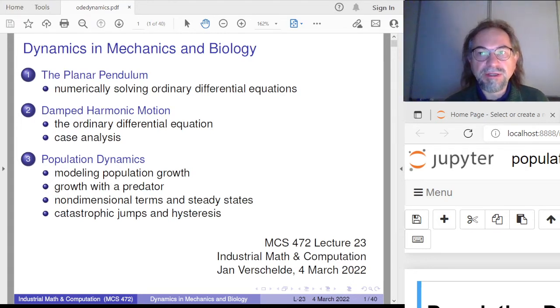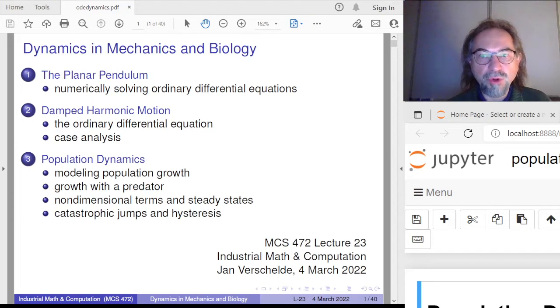There are three topics that I would like to introduce today. The first topic is to apply a numerical solver to compute solution trajectories of ordinary differential equations. In the second part of this lecture, we will do a case analysis of the parameters in an ordinary differential equation.